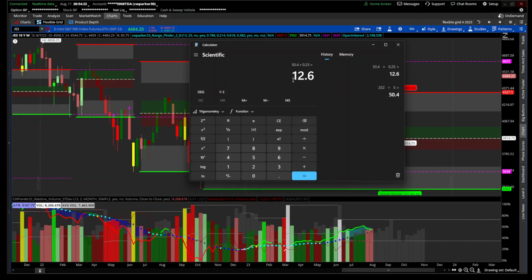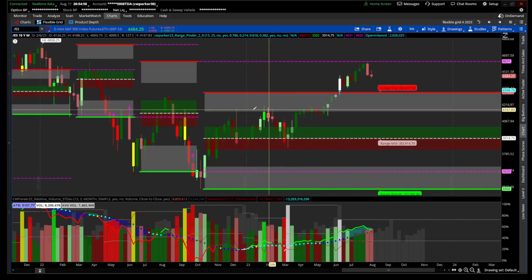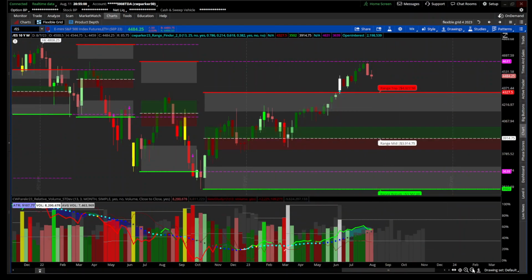And I'm using a quarter of that. A quarter of a year is basically 3 months. It says 12.6, so I just round it up to 13. So here I'm using quarter ranges, or quarterly ranges.